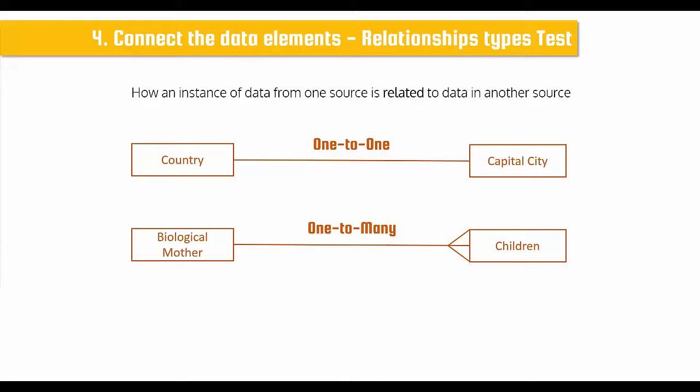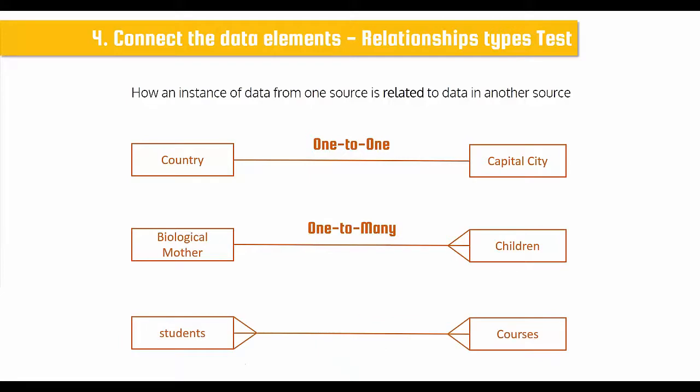Therefore, the one-to-many relationship allows zero child records, a single child record, or multiple child records. So for instance, think of A as mothers and B as children. A biological mother can have several children, but a child can have only one biological mother. The third type of relationship that we might find is the many-to-many.